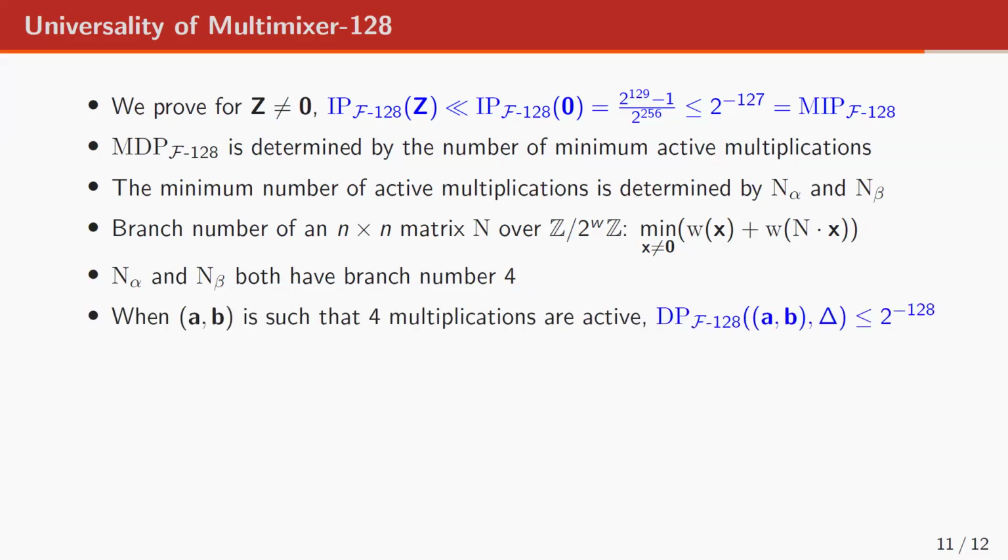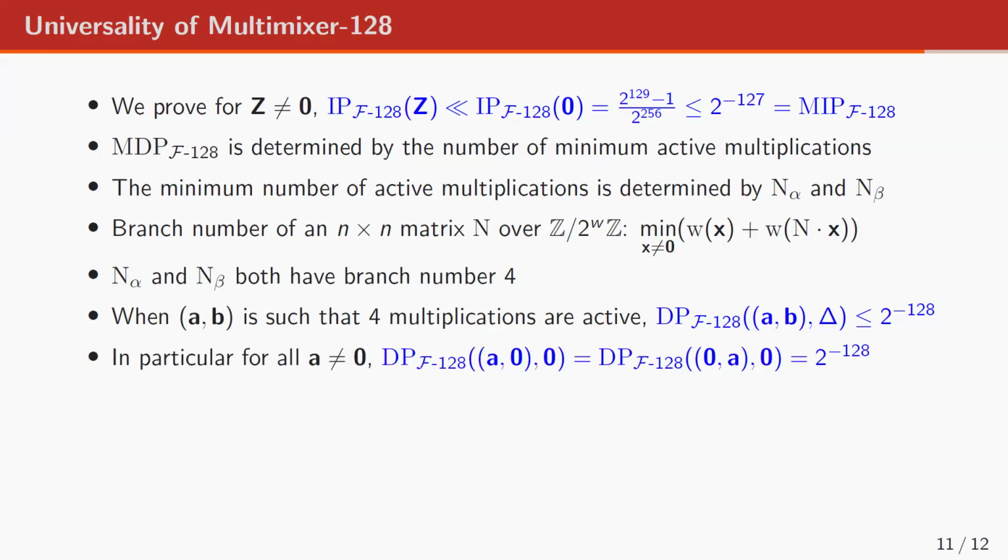We proved that when the input difference is such that 4 multiplications are active, then the DP of the differential is upper bounded by 2 to the minus 128. In particular, we also show that if you choose the input difference of the form A0 or 0A, the DP is always 2 to the power minus 128 if you choose the output difference to be 0. So the value of this DP is tight.